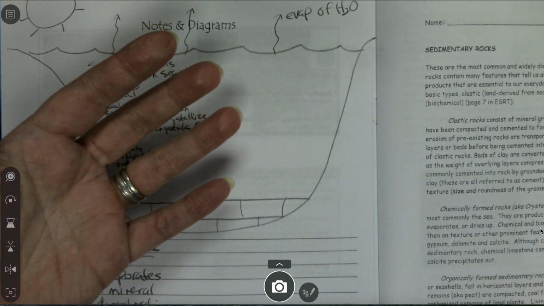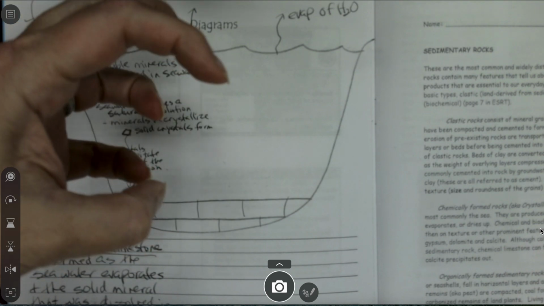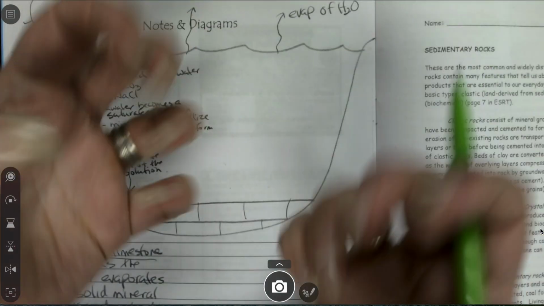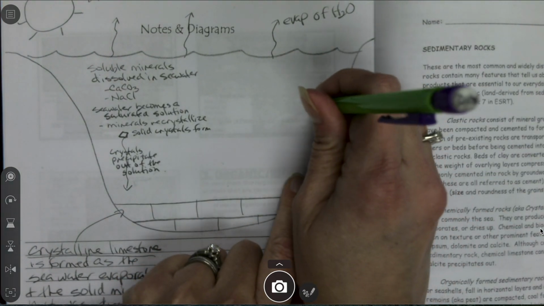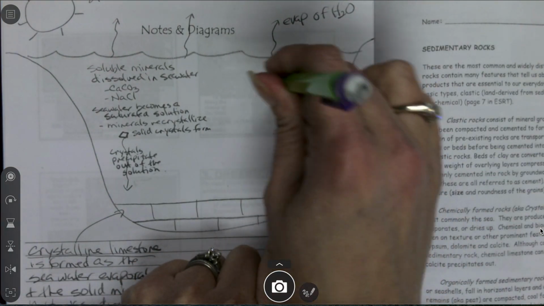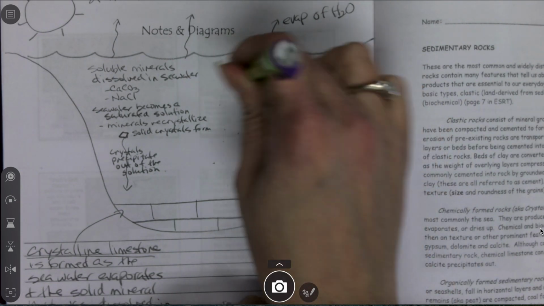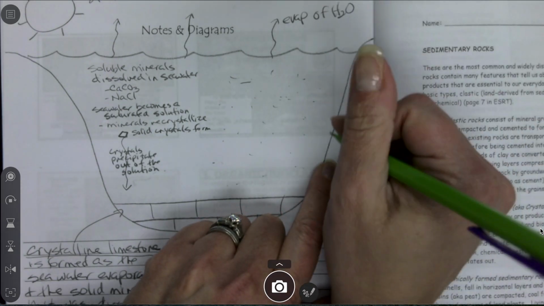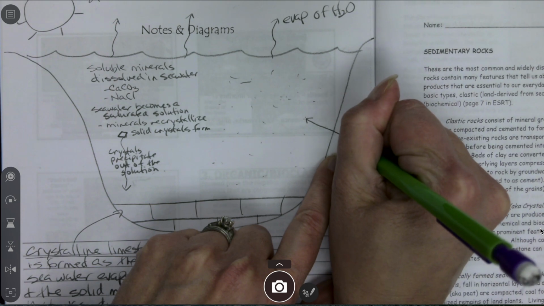Now, the other way that this dissolved calcium carbonate can get out of the seawater is when sea creatures use it, they absorb it to build their shells. Now, we know from yesterday that there are these microscopic creatures that live in the water, and they're plants, so they undergo the process of photosynthesis. And these little tiny creatures are called forams.